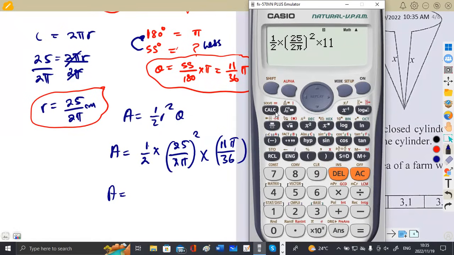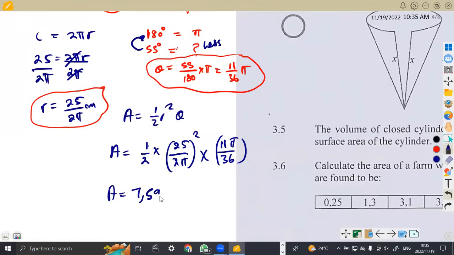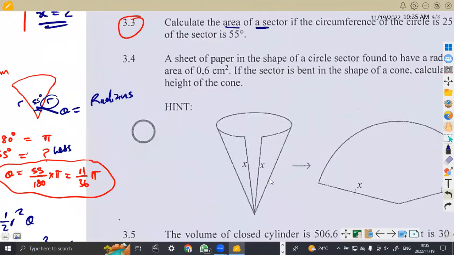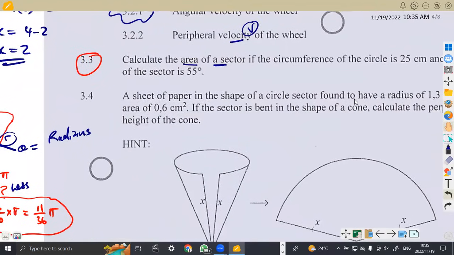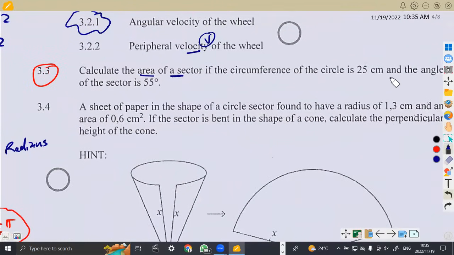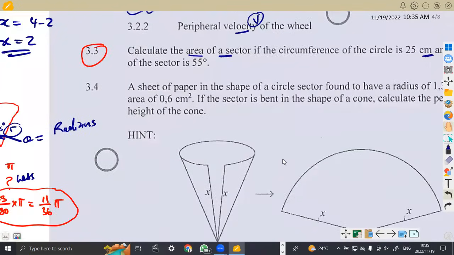We can use the calculator, which gives 7.5985. If we round off to 3 decimal places, it's 7.599. This is area, which is measured in square units, and that's square centimeters, because the other part here we are given is the circumference of a circle, 25 centimeters. So your units now are square centimeters. So that was it for the area of a sector.